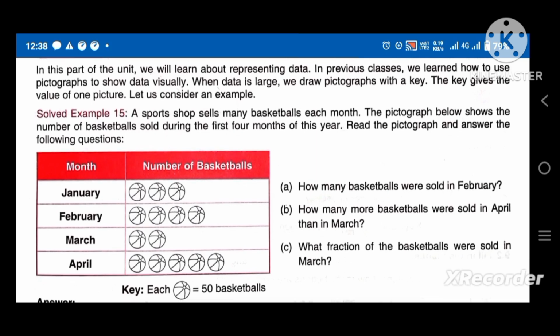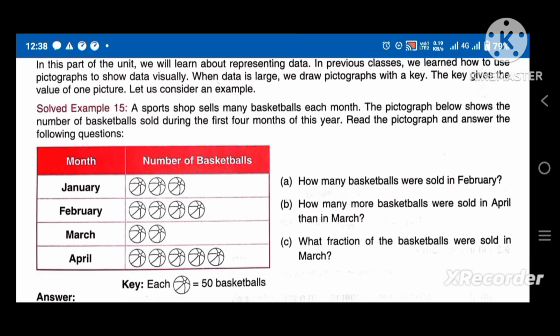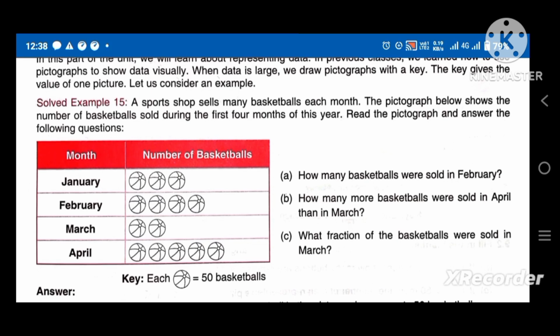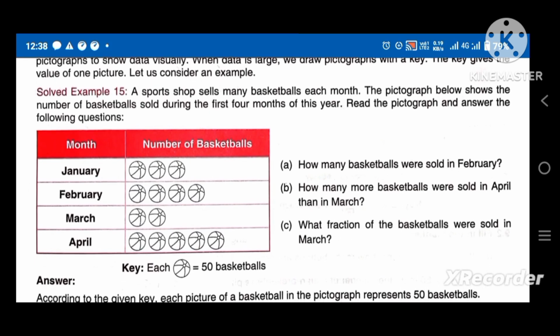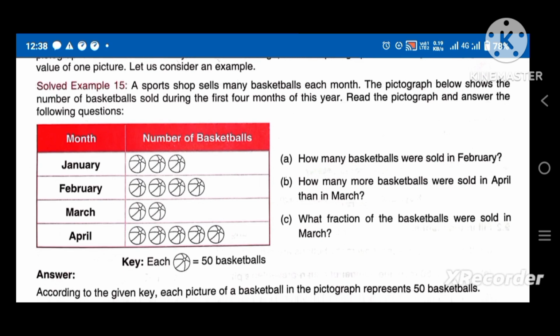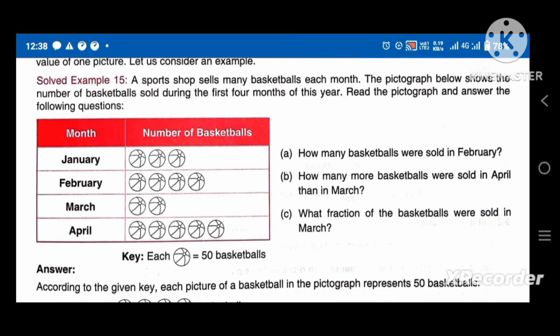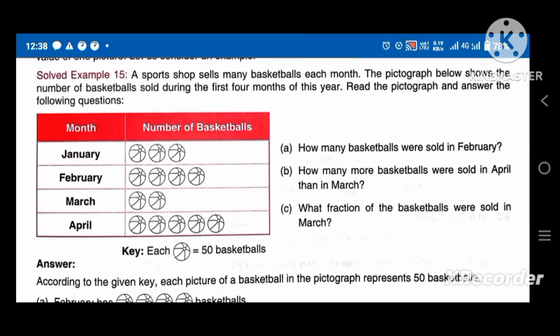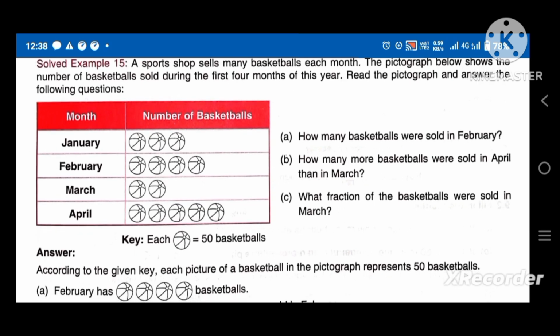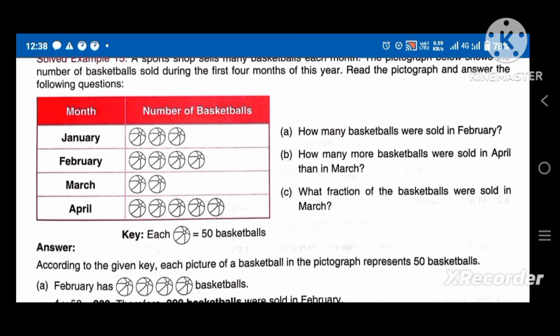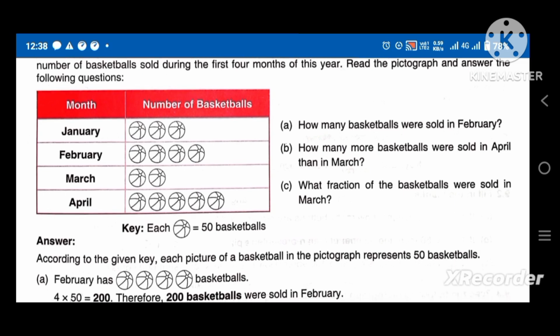Solve example 15. A sports shop sells many basketballs each month. The pictograph below shows the number of basketballs sold during the first 4 months of this year. Read the pictograph and answer the following questions.